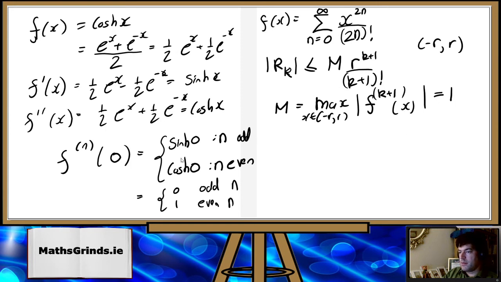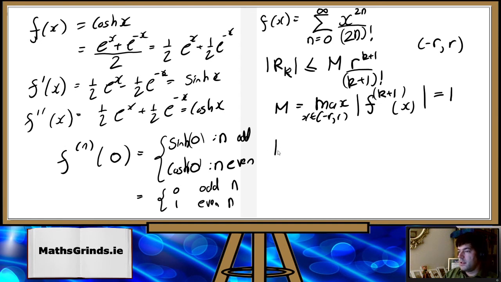It doesn't matter which of the two we have here. The hyperbolic sine and hyperbolic cosine functions are both bounded. They're both less than 1, in a similar way that sine and cosine are bounded in magnitude by 1.